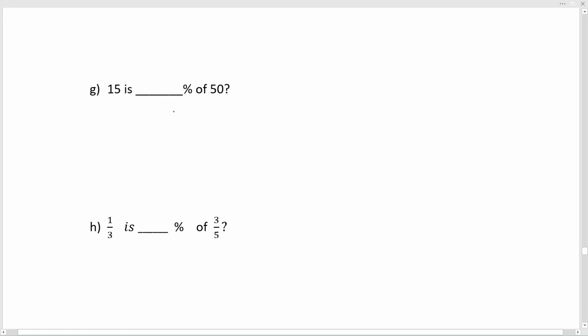What if we ask this question? 15 is what percent of 50? So what we're saying is 15 needs to be a percentage of 50. It's quite a strange way of asking the question. They're saying, well, if you say 15 out of 50, what is that as a percentage?